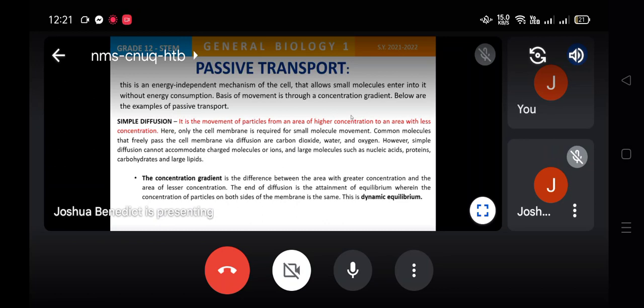And after diffusion has occurred, it will attain equilibrium kung saan there is equal concentration from both areas, whether inside the cell or outside the cell. Okay? Pantay na yan. So, halimbawa, mataas ang concentration sa labas ng cell, so saan pupunta ang particles? Papasok. Mataas ang concentration sa labas ng cell, saan pupunta ang particles?